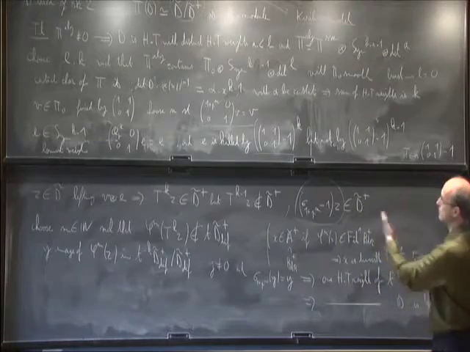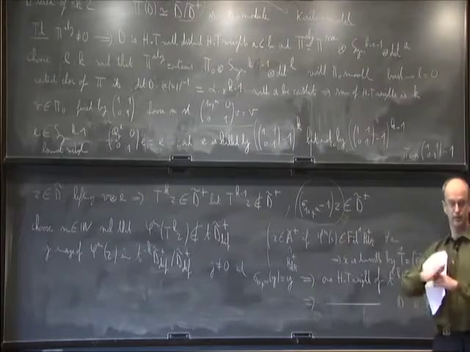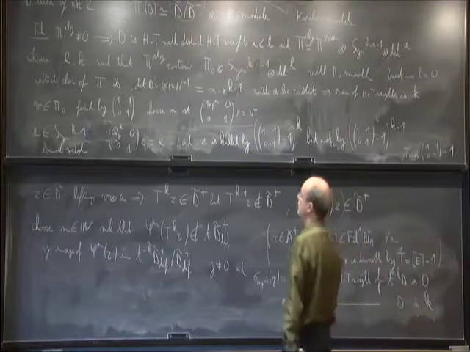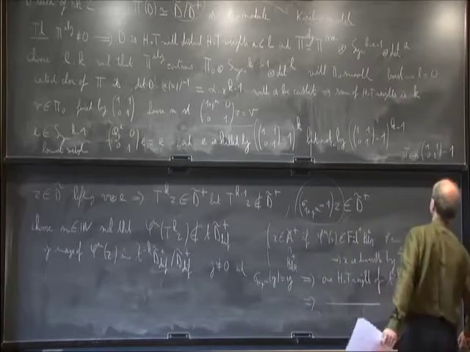Okay, so that's one theorem you can prove by just using purely techniques in Fontaine's rings. Okay, so let me give you another theorem that you can prove along the same lines.